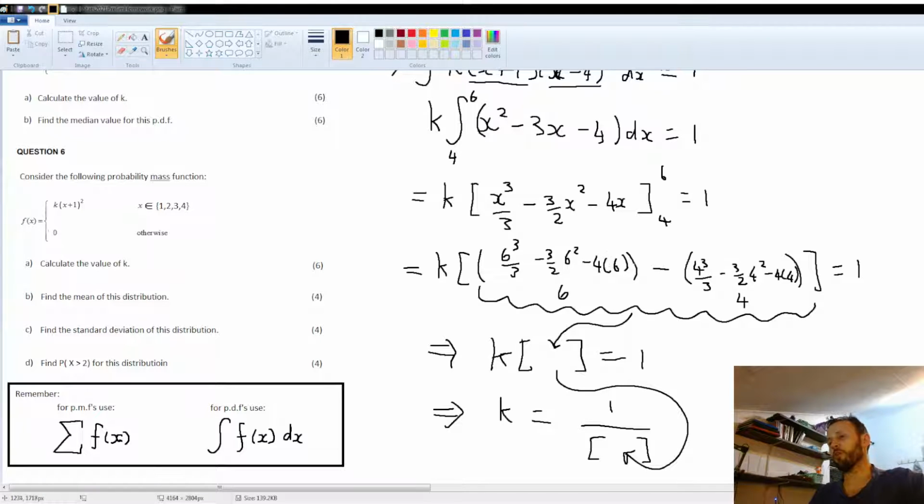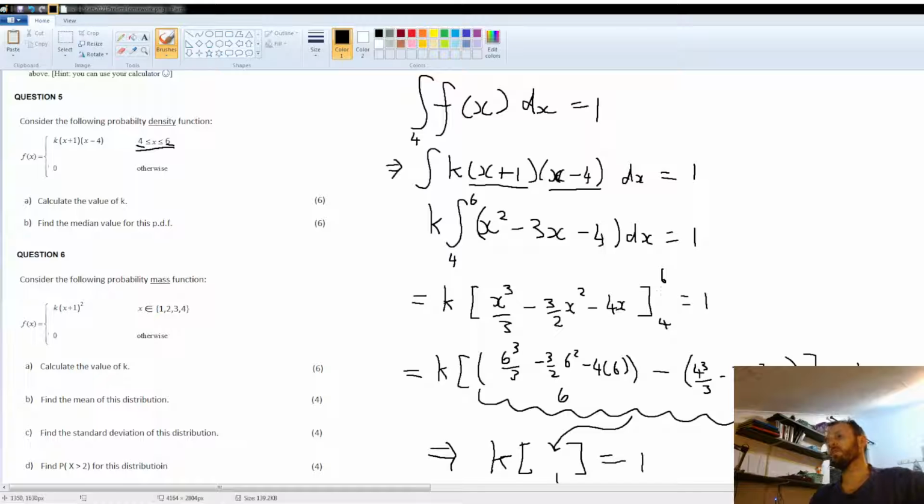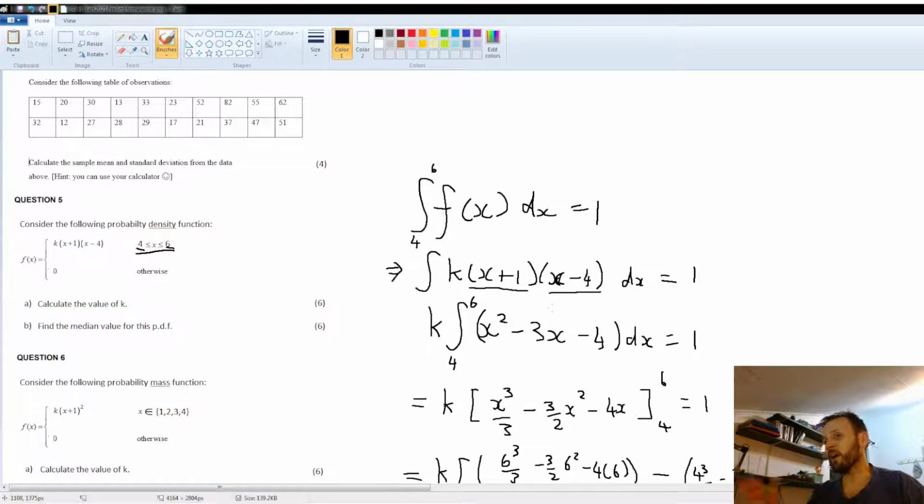Not going to go through the pain of working out these numbers, but let's talk about the big ideas here. The big idea is, when you're looking for a variable in a probability density or probability mass function, they want you to normalize it, which means check if the summation adds up to 1, or check if the integral adds up to 1. This is a density function, so you check the integral. The integral of what?